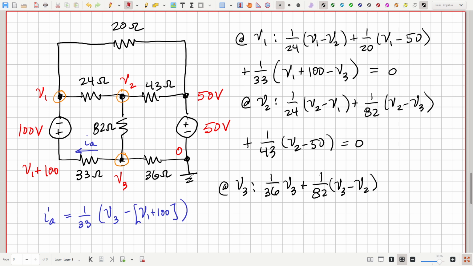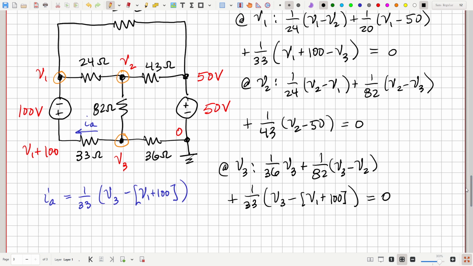And then through the 33 ohm resistor, that's just this IA: 1 over 33 times V3 minus the quantity V1 plus 100. And that's equal to 0. So we've got our three equations in three unknowns, and we could put those into vector form.